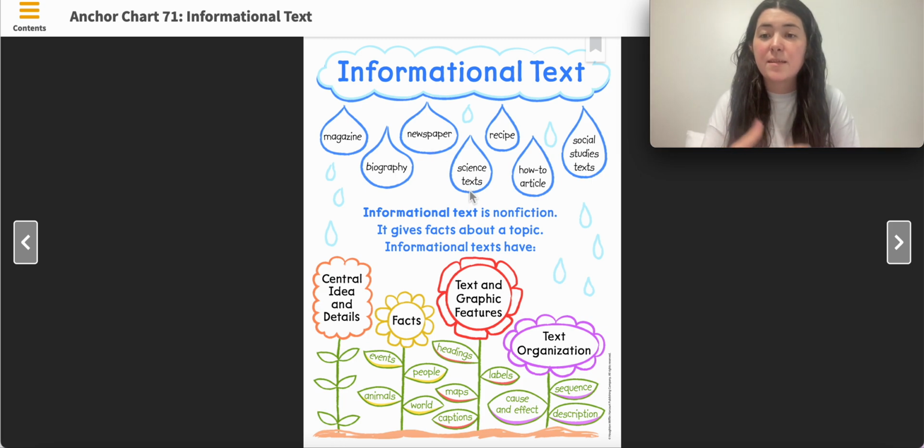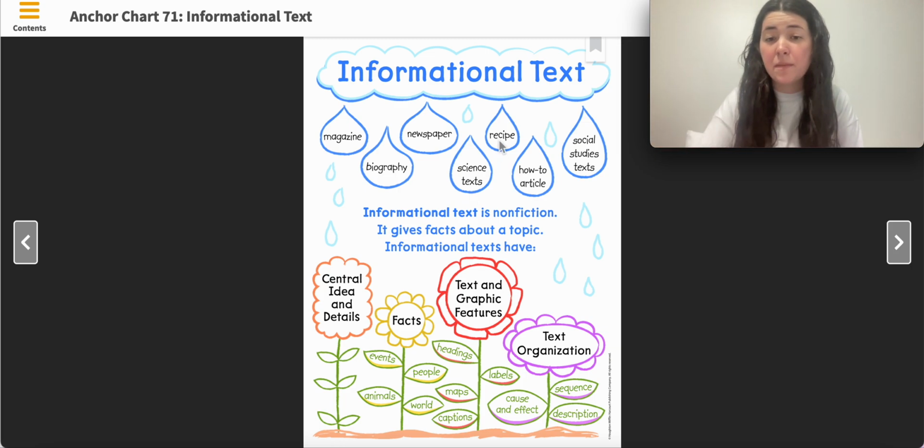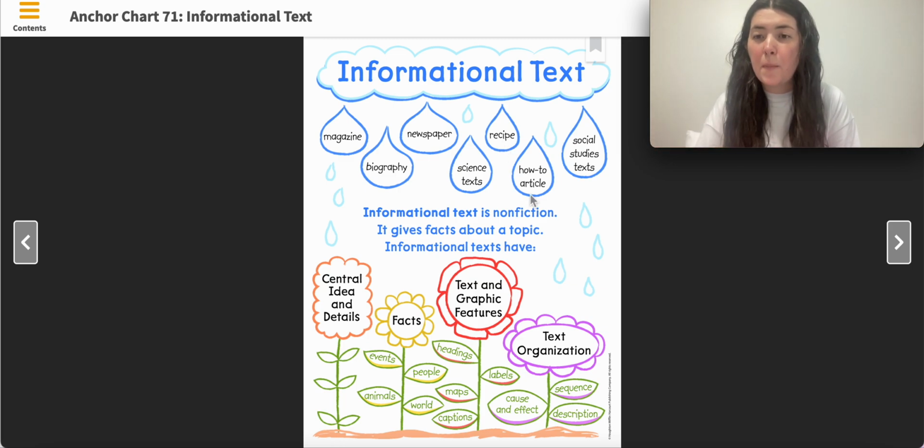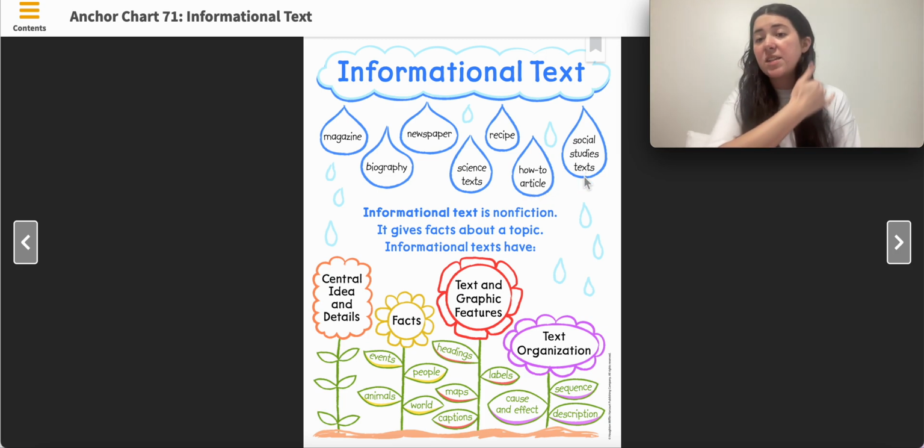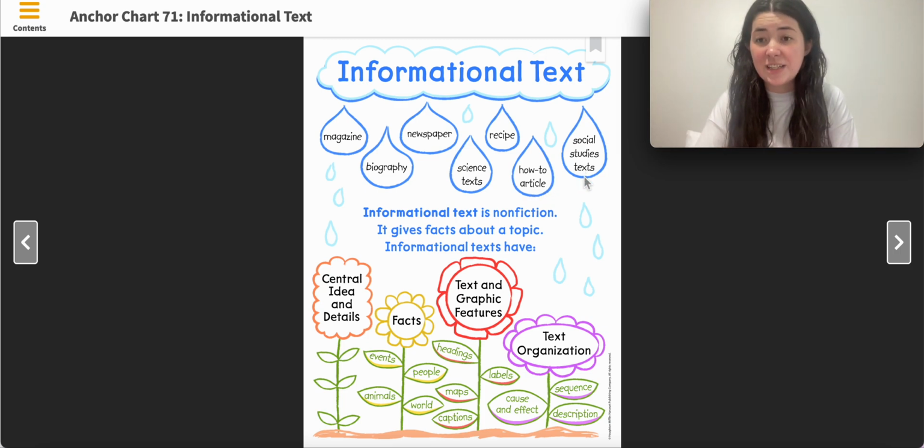That means stories that explain scientific topics, maybe like space, or plants, or animals. A recipe, which means directions on how to cook something. A how-to article, which would be a short couple of paragraphs that would teach you how to do something. Or social studies texts, which would be an informational text about history.